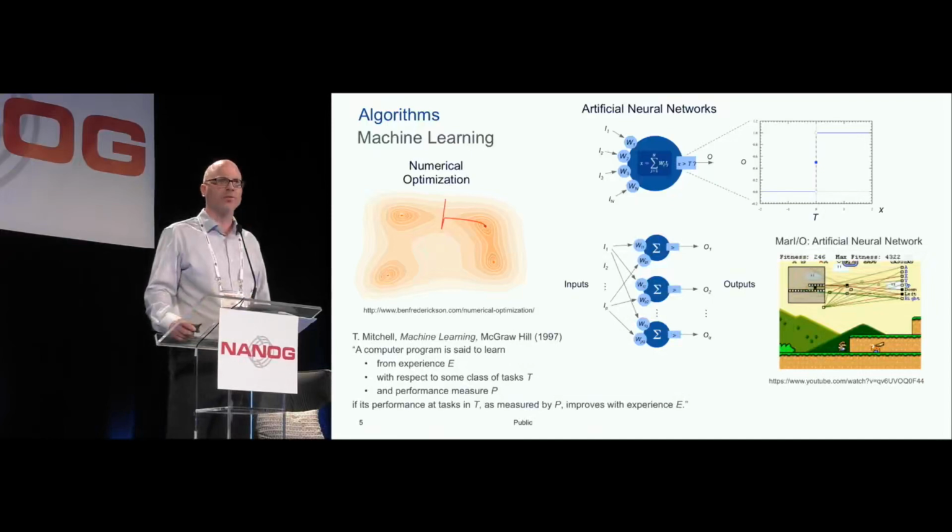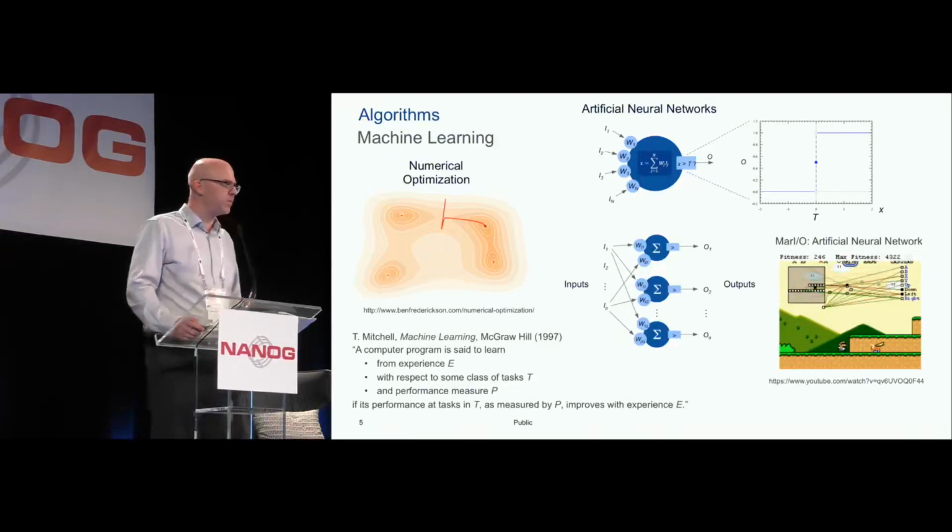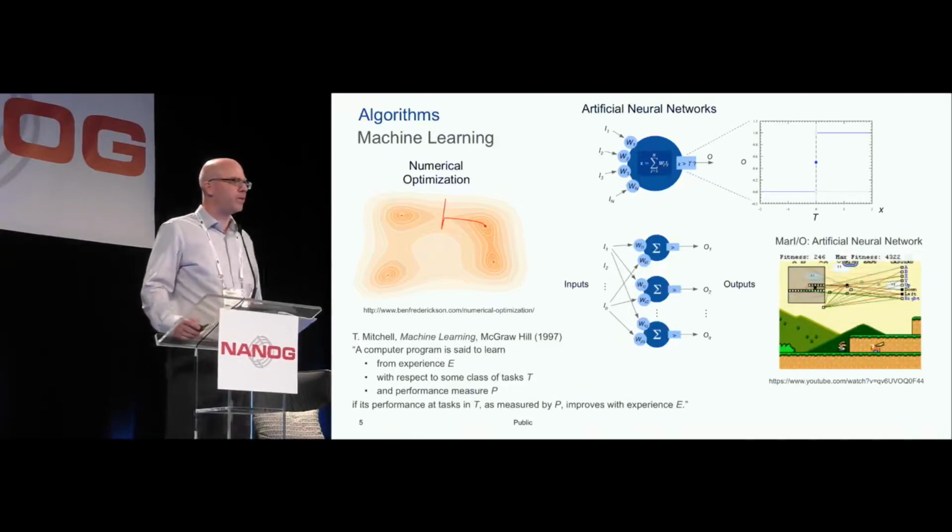If it's below the threshold, then it doesn't fire. So it's simple to describe the operation of one of those elements. Now the magic comes in when you combine many of them into a network, and now you've got a function like a brain that can actually learn something. And so now you run an algorithm to find the optimal weights to transform your inputs into the outputs.